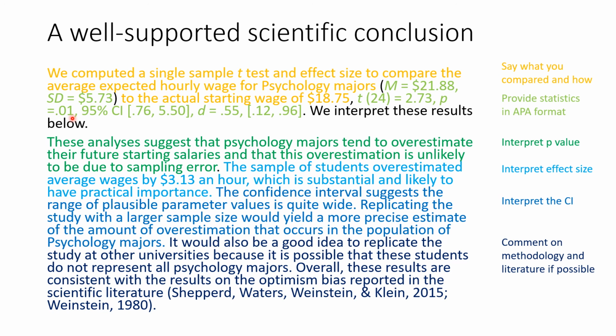Overall, these results are consistent with the results of the optimism bias reported by other researchers, and I cite them. So again, this looks like a lot, but if you think about it in terms of these 6 things and try and come up with something to say about each of those things, you'll come up with good, well-supported scientific conclusions.